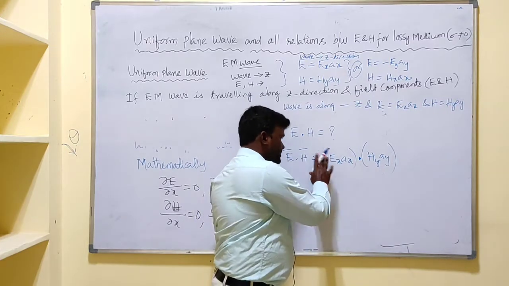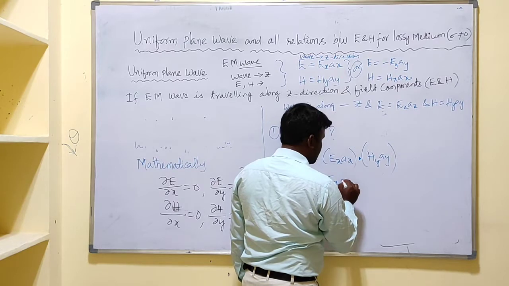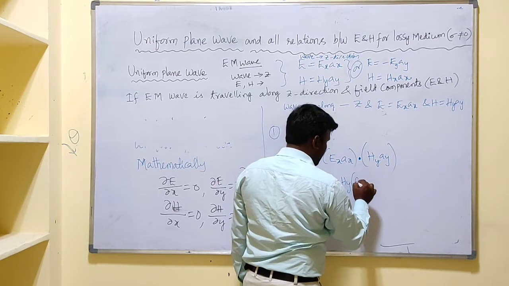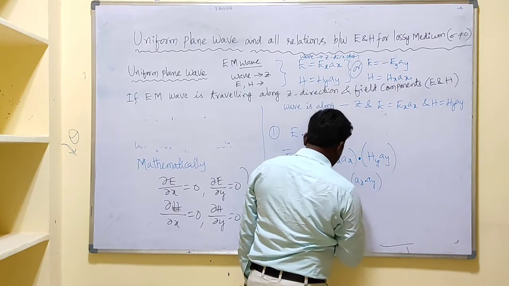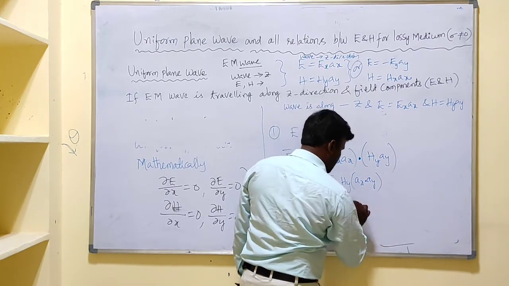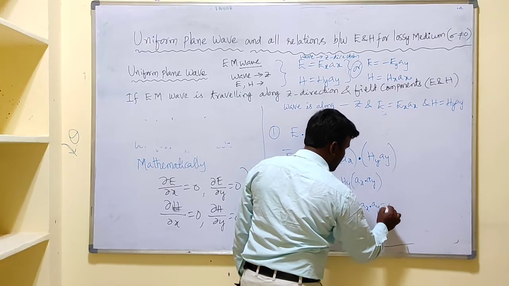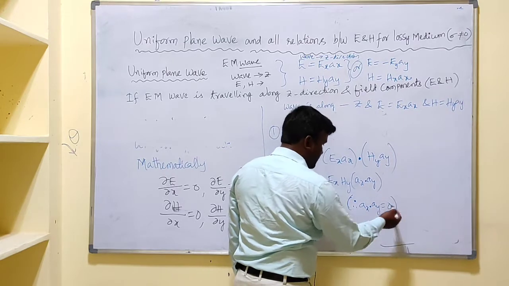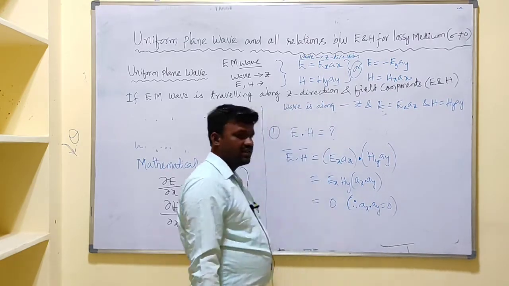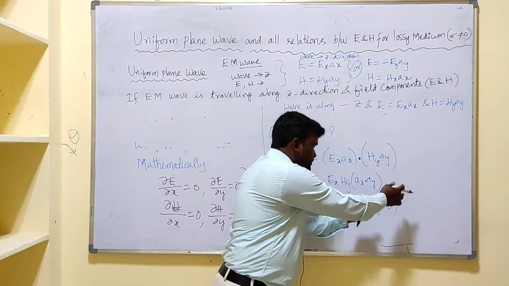For simplicity, we can write Ex into Hy into Ax dot Ay. What about Ax dot Ay? Ax dot Ay is 0, since the dot product between two orthogonal unit vectors gives 0.